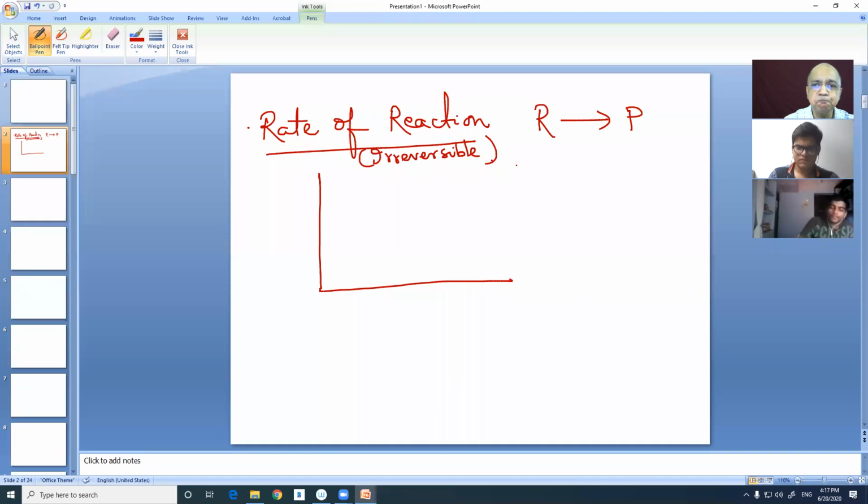And if we monitor, it decreases in most of the cases in an exponential manner like this. This is reactant concentration versus time. We can also monitor how the product concentration increases. I repeat, reactant concentration decreases while product concentration increases.